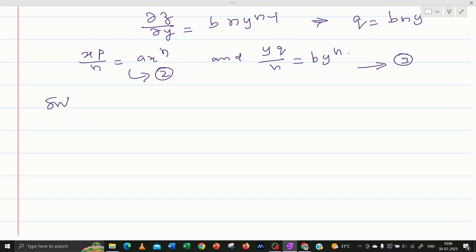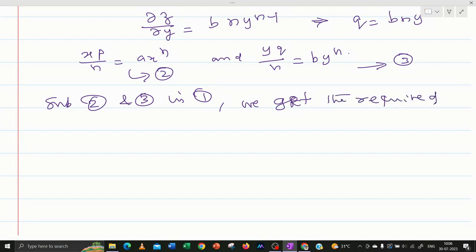Substituting 2 and 3 in 1, we get the required PDE. So what is the required PDE here? z equal to x p by n plus y q by n.